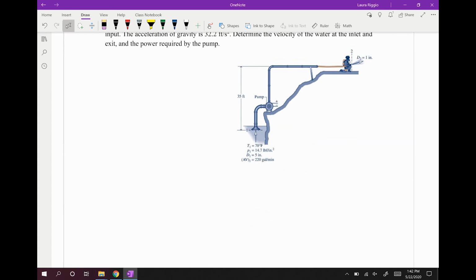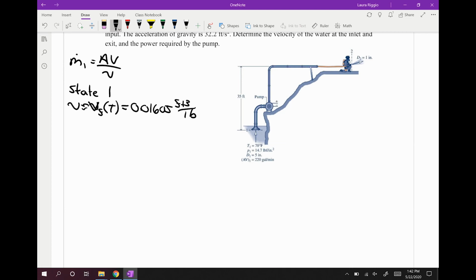To get the velocity at the inlet, we're going to use the fact that our mass flow rate is equal to our area times our velocity over our specific volume. To get our specific volume, we're going to fix state 1. It is liquid water, so our specific volume is approximately our saturated liquid specific volume at our given temperature, which is 0.01605 cubic feet per pound.